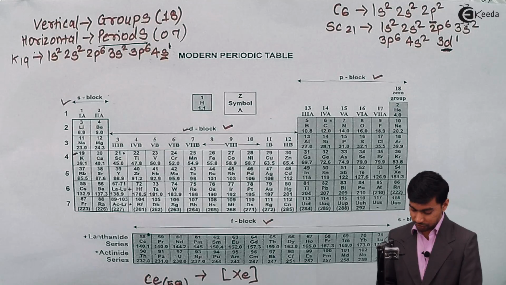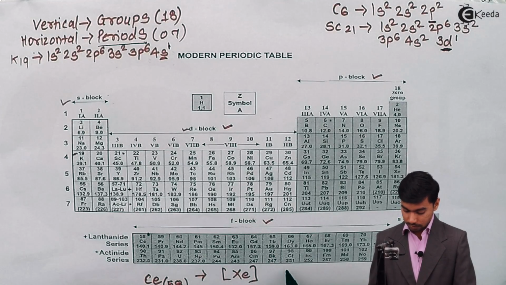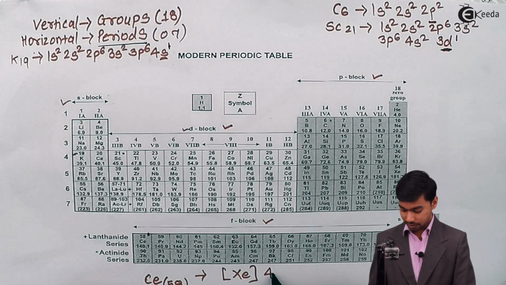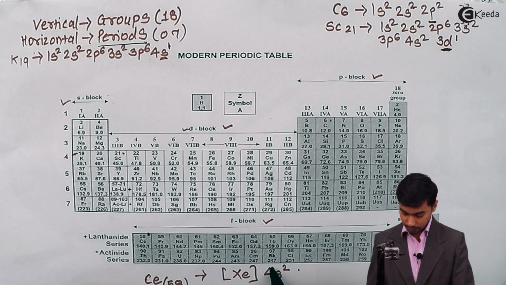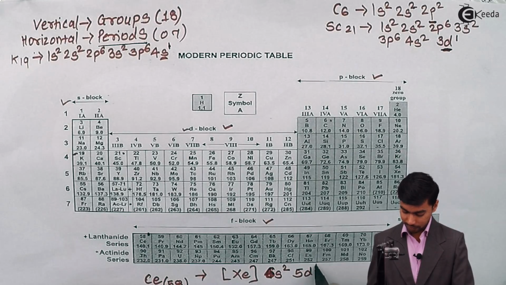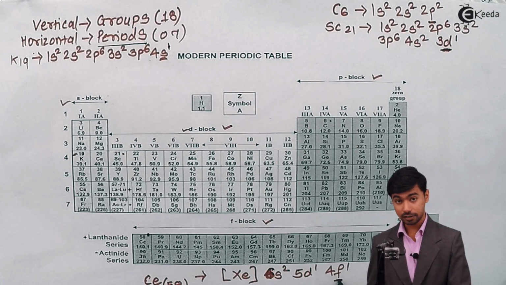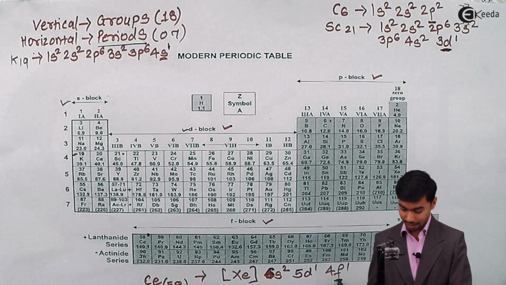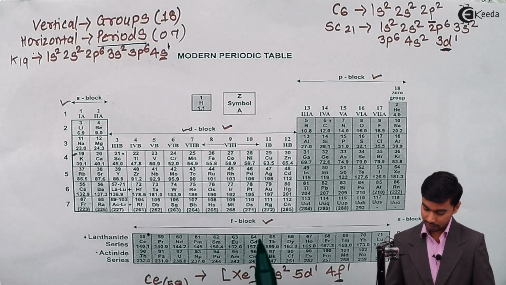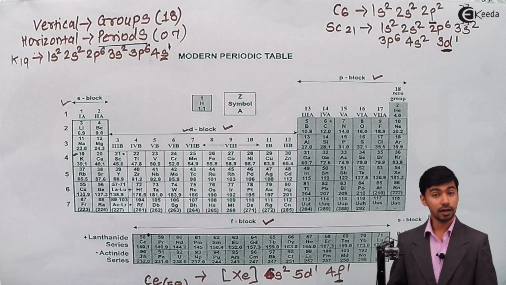The subshells containing the valence electrons are 6s2, 5d1 and 4f1. So the last electron is entering into the f subshell. That is why it is considered as an f block element.